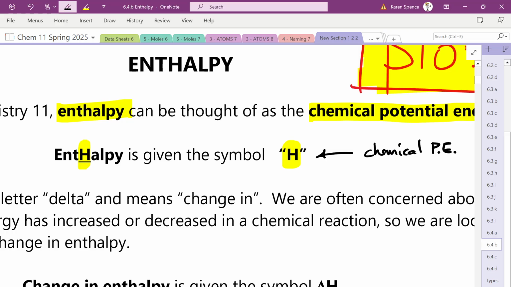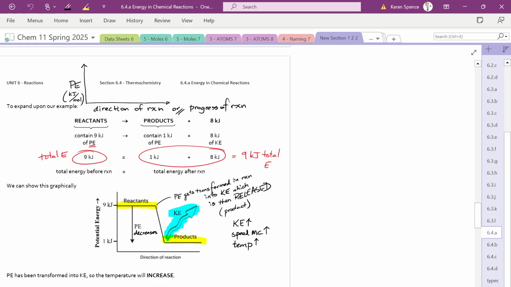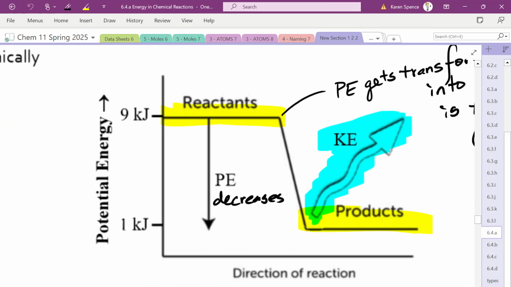Now, normally when we are looking at enthalpy, we're looking at the change in enthalpy from reactants to products. So just like last day, we did some potential energy diagrams and we looked at the change in the potential energy. We're just going to add in the word enthalpy, along with that change in potential energy.